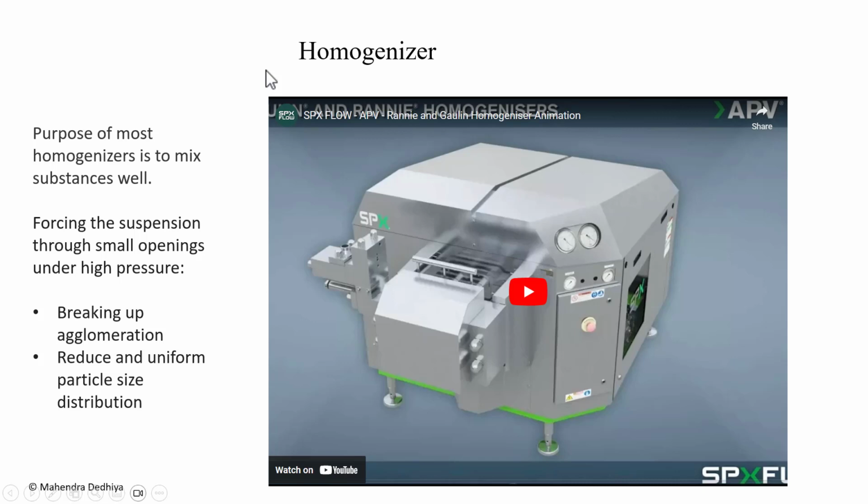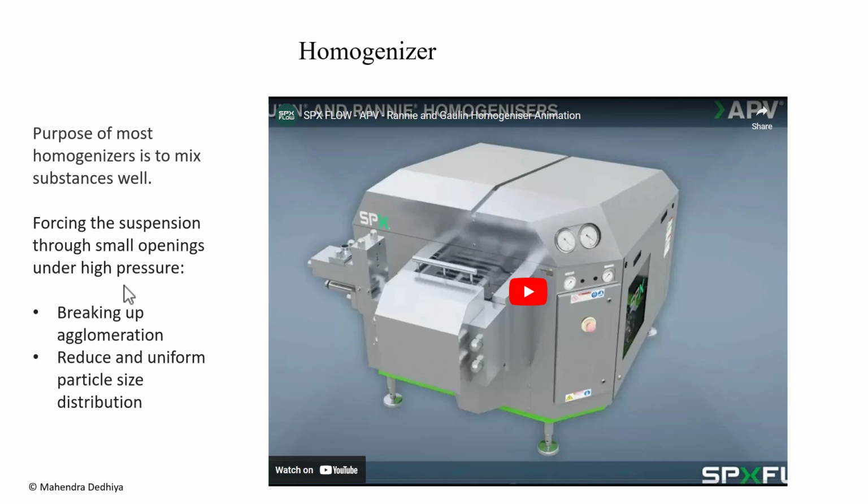Homogenizers: there are many types of homogenizers used in suspension. Depending on the institution, there would be one or two types of homogenizers available for the entire product line, including creams, lotions, and suspension. Here is an example of a high pressure homogenizer.